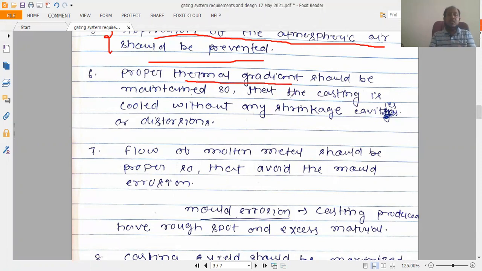If the heat transfer is not proper or maintained, then solidification will not be proper, and casting defects like voids, blowholes and mold erosion can occur. These are the casting defects if the thermal gradient is not proper. Thermal gradient means temperature with respect to length, or with respect to space.